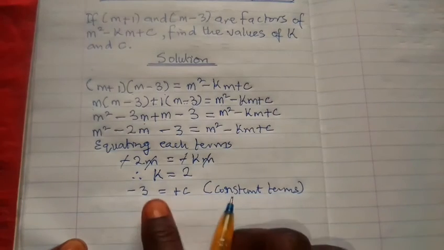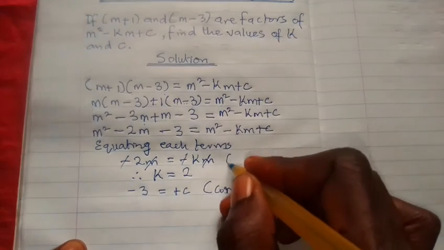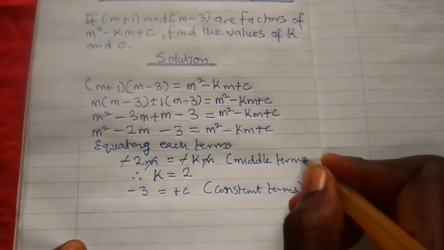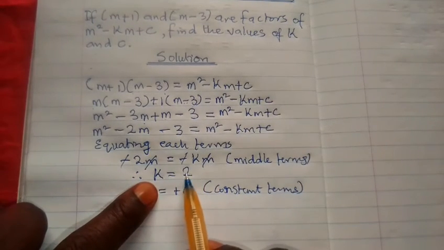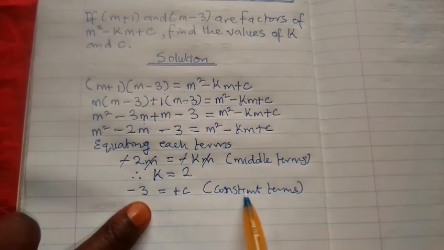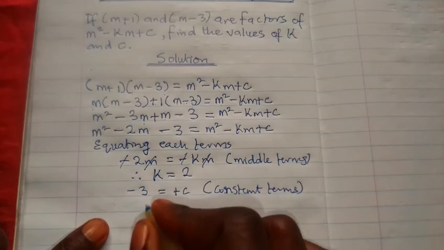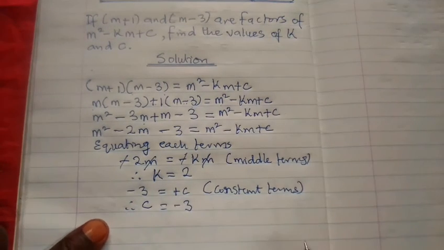We just equated the constant terms, while what we did before is the middle terms. So in the first instance, we equated the middle terms to arrive at the value for k to be 2. And now we are equating the constant terms. And you can see here that our c, therefore, must equal minus 3.